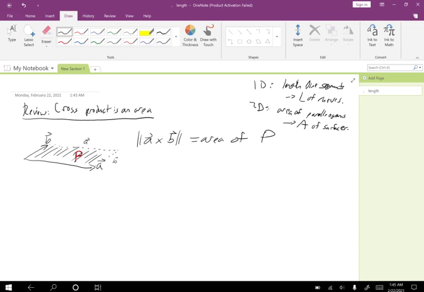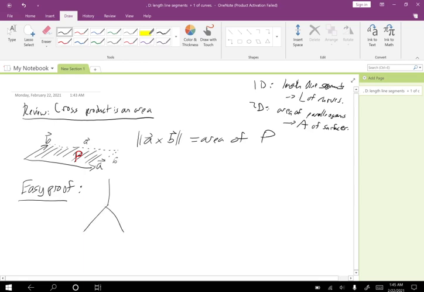So what I'll do now is give an easier proof than you might see elsewhere. Note that we're in 3D, so the vectors can point in weird 3D directions. What we'll do is just rotate this down into the plane.